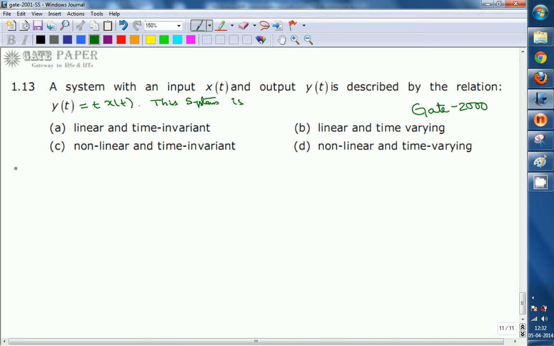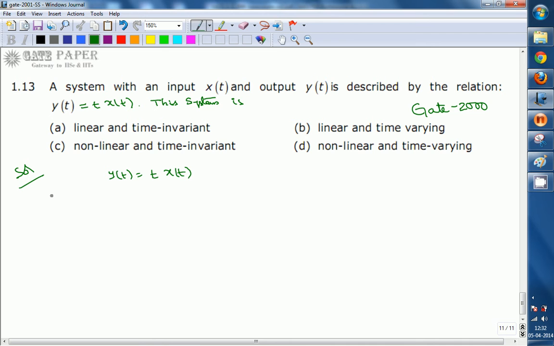So coming to the solution, given that the system is represented by y(t) = t·x(t). Coming to the linearity first.